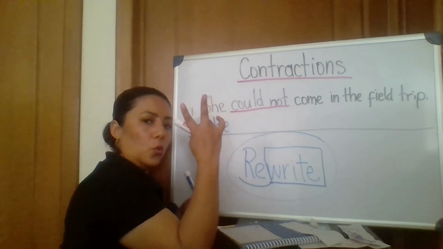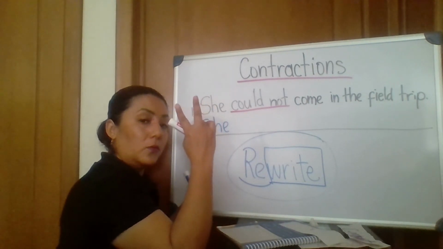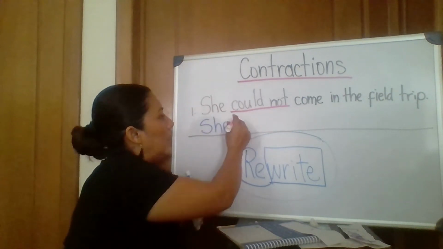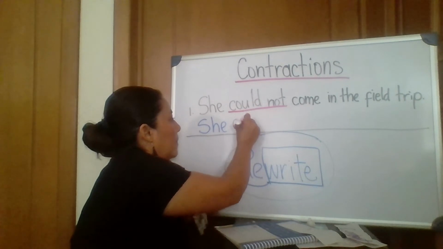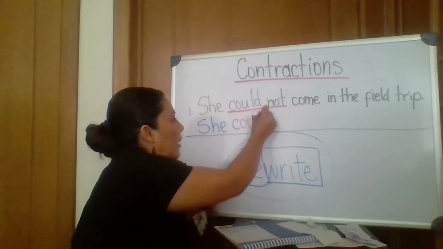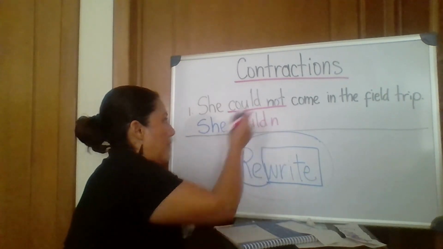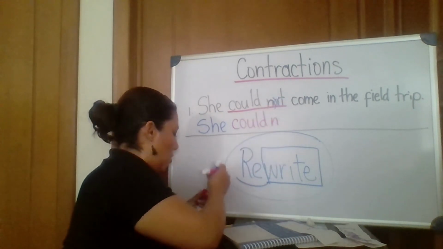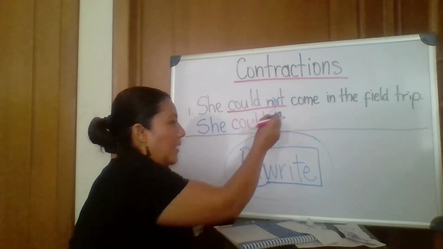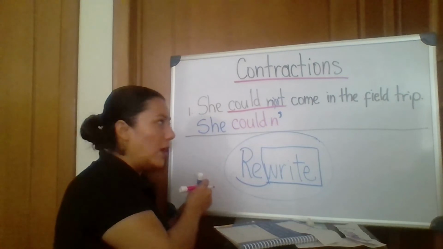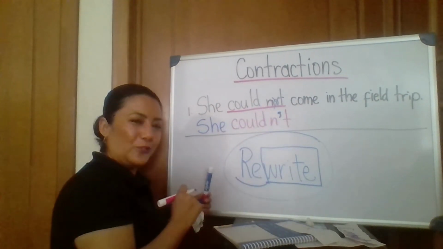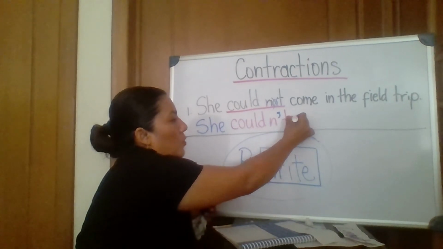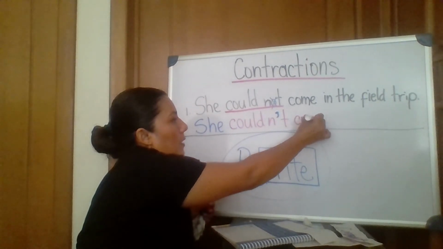These are the two words, but remember how to make the contraction? Drop some letters. Well, the first word stays the same. Could, and then we drop letter O. In that space, we put an apostrophe, and we continue. And then we just copy the rest.